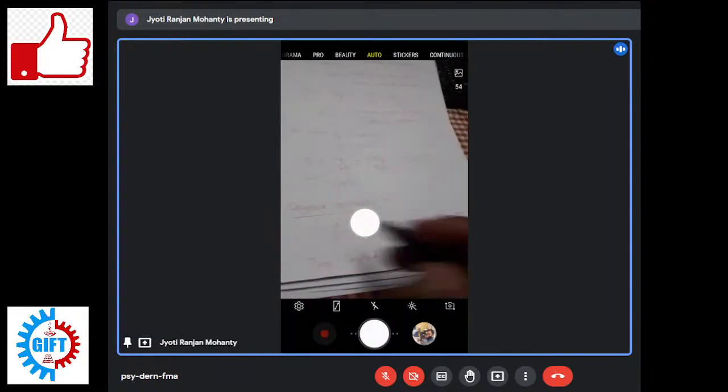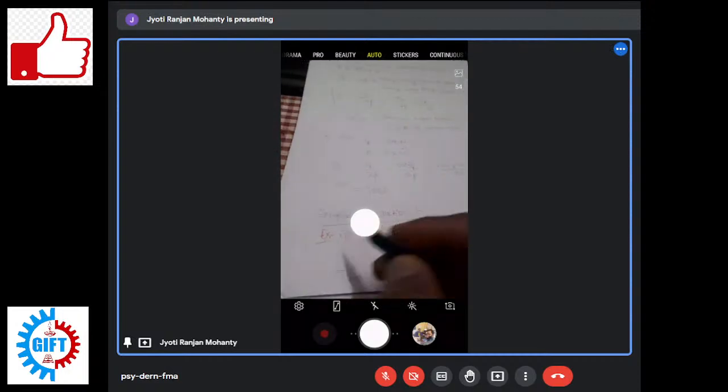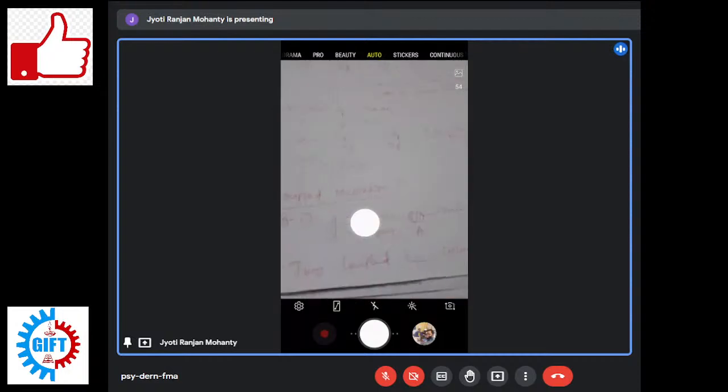So these are the examples. Example 1: two bodies are connected by three springs.